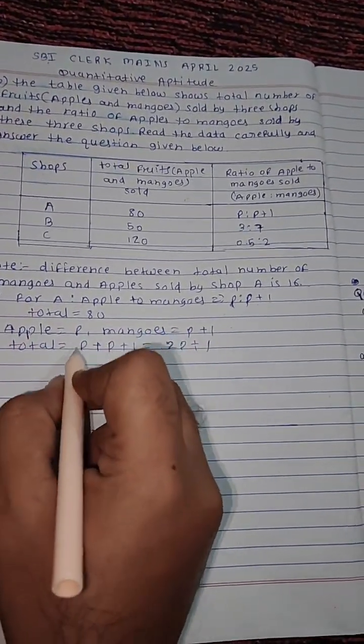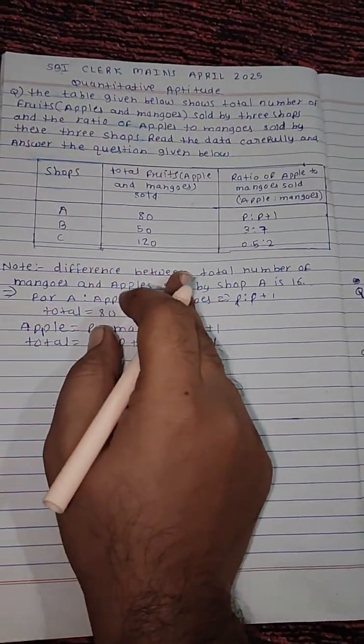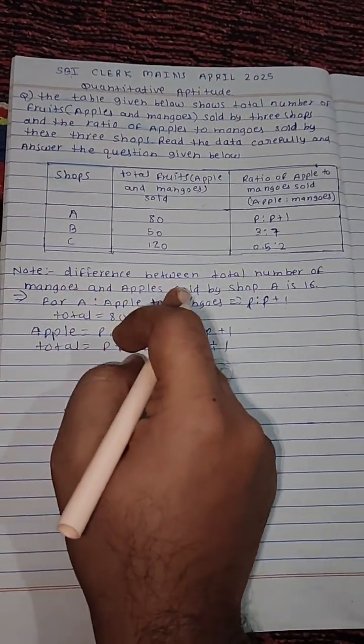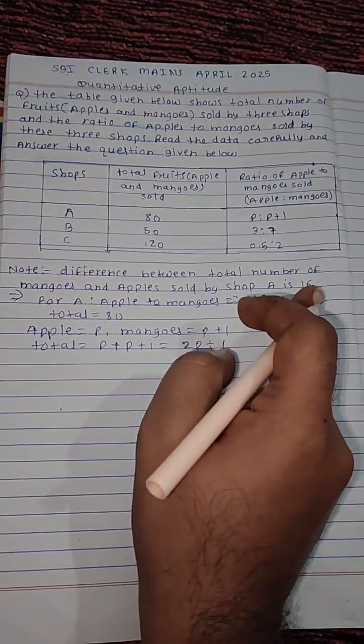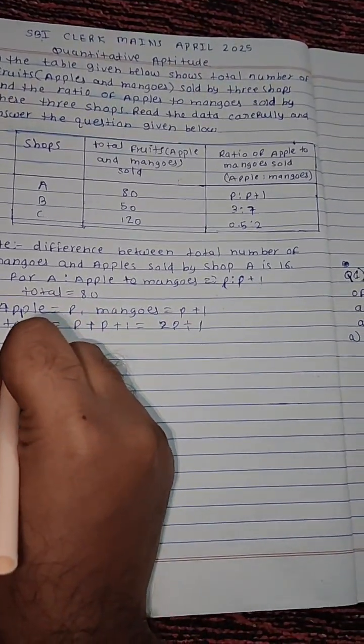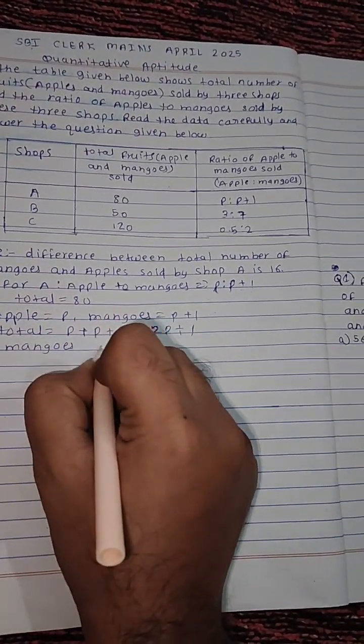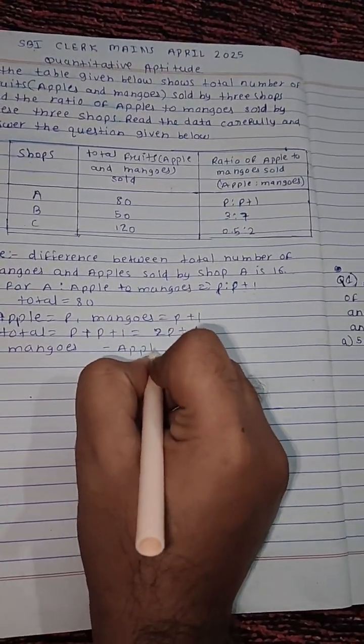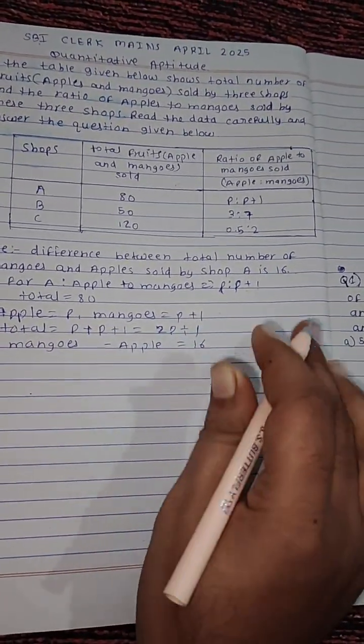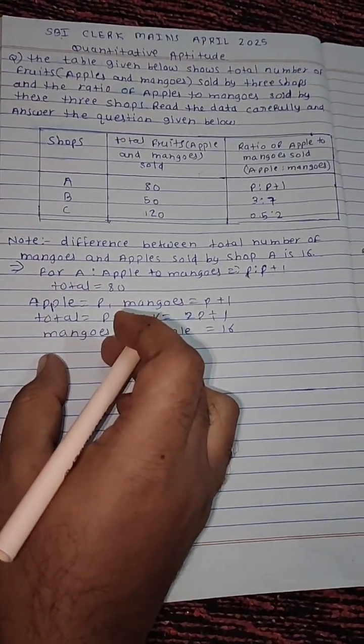They have given that the difference between the total number of mangoes and apples sold by shop A is 16. So mangoes minus apples is 16. How do we find the total number of mangoes?